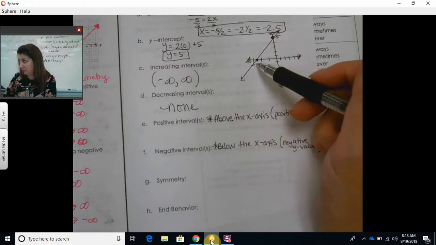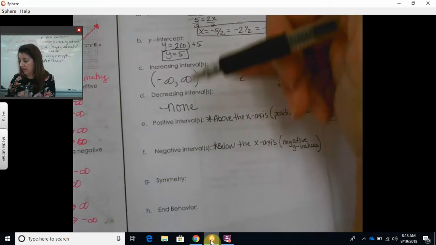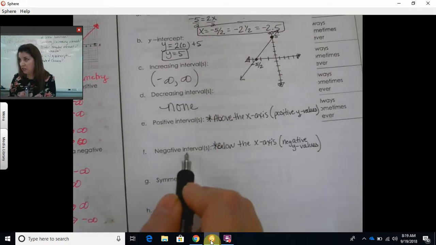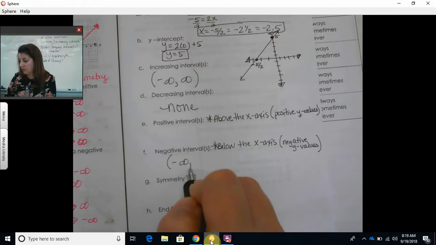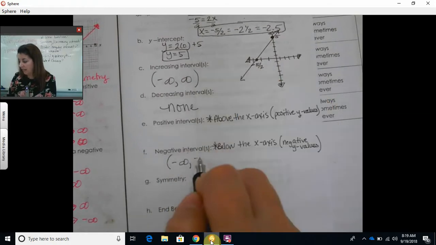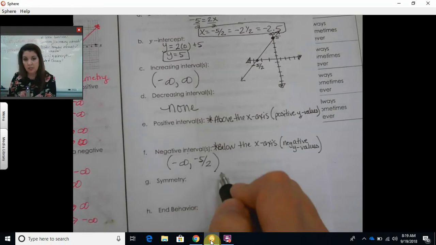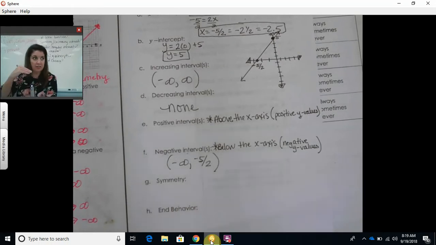That's going to be a negative interval, okay, because it's below the x-axis. So in interval notation, you describe left to right. From negative infinity on your x-axis all the way to negative 5.5. And I use a parenthesis because it does not include negative 5.5. At negative 5.5, it's not increasing or decreasing. That is on the x-axis.